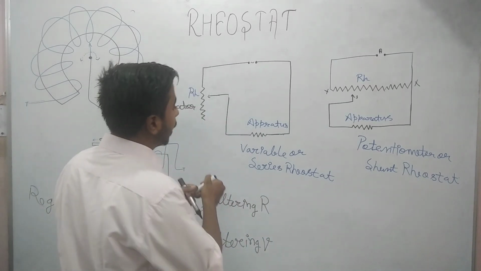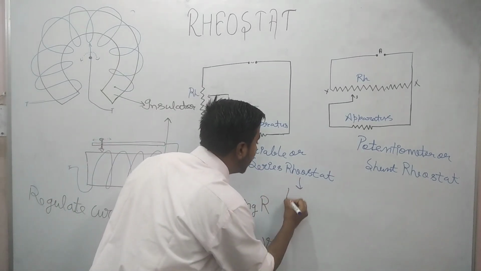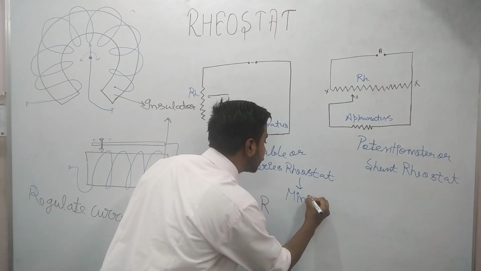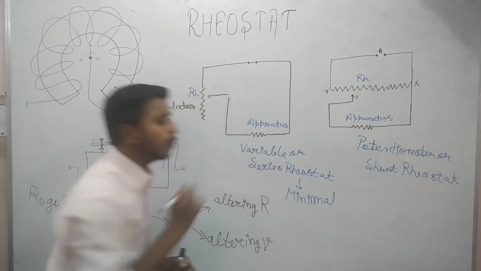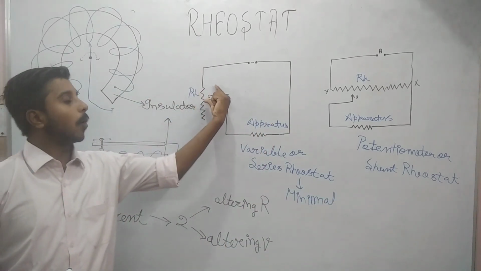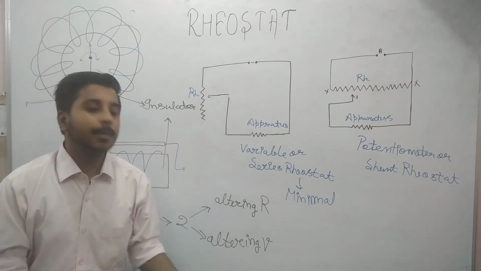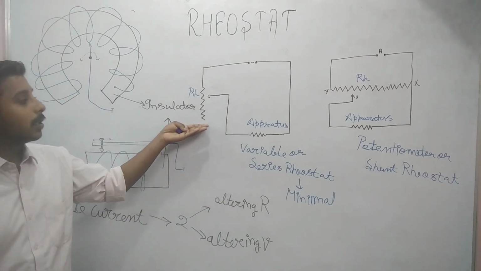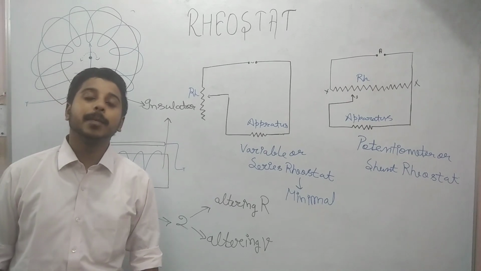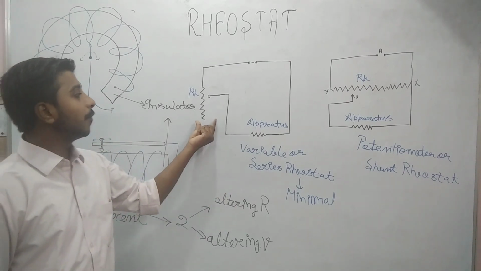So you can say it has minimal current. If we use a small part of rheostat, there will be maximum current which can flow through this.